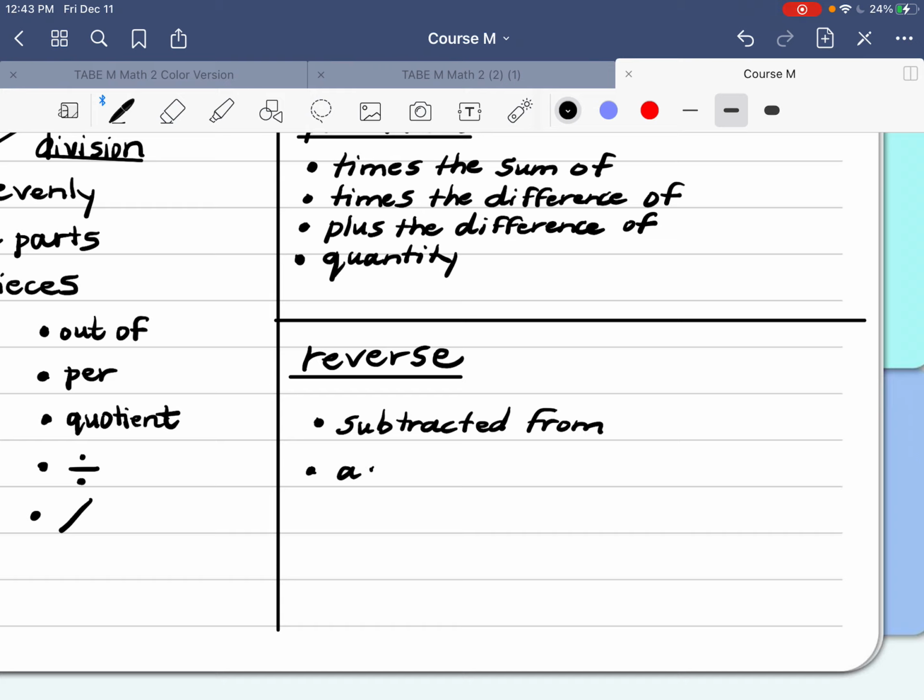Added to. More than. And less than. Can sometimes signal a reversal.